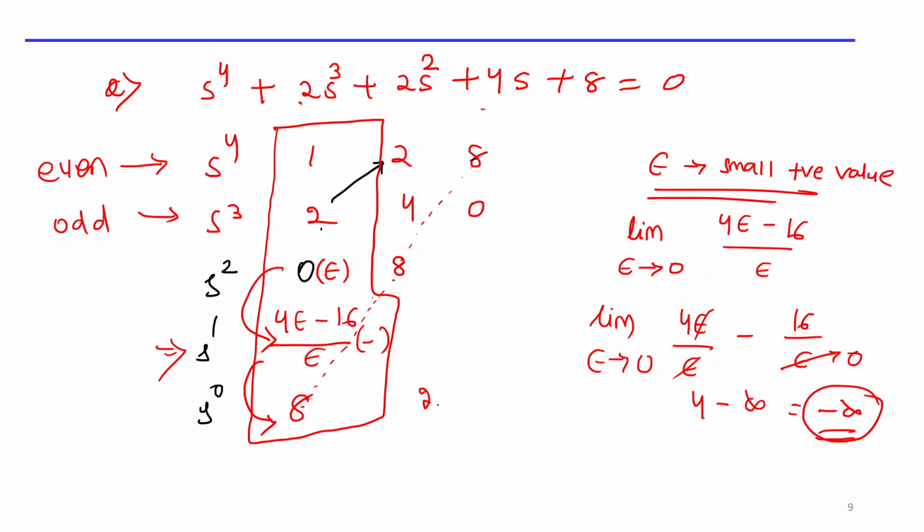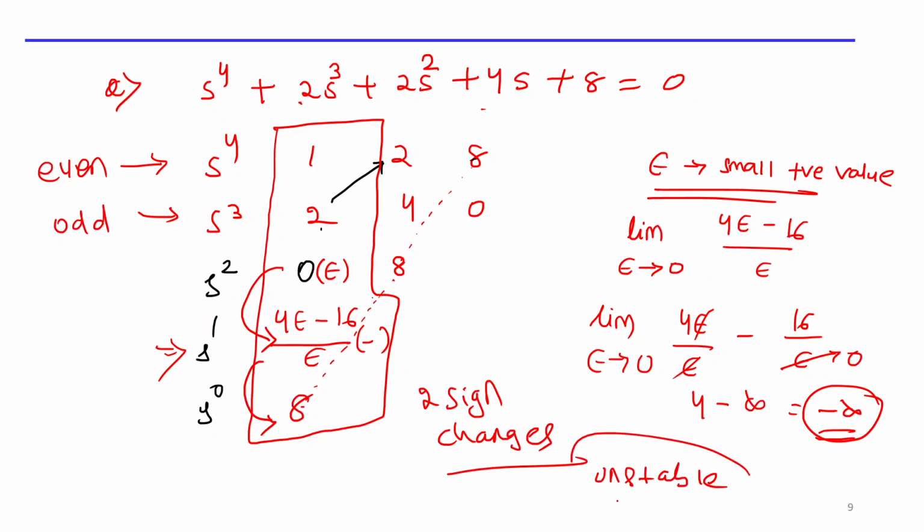So there are two sign changes. So the system is unstable. You got my point? Yes, sir. Okay, good.